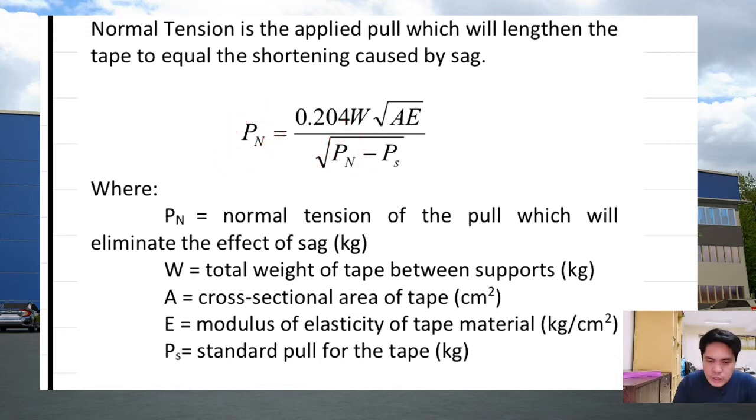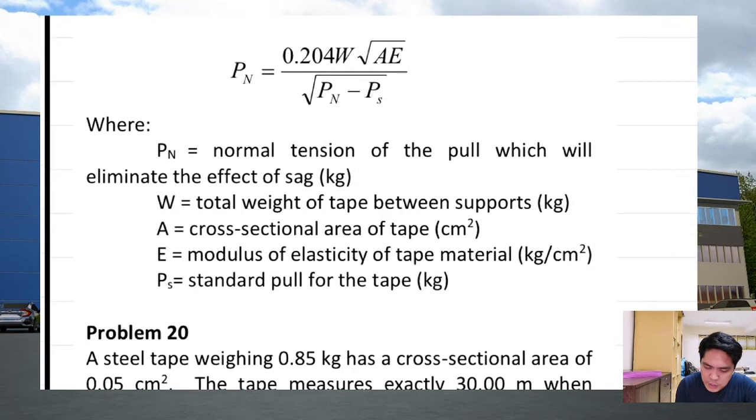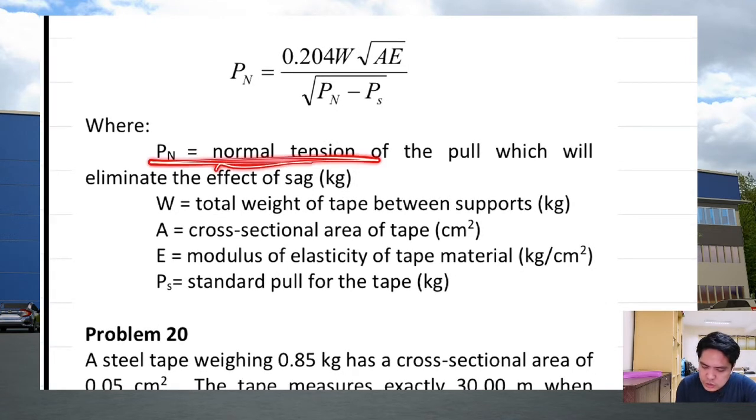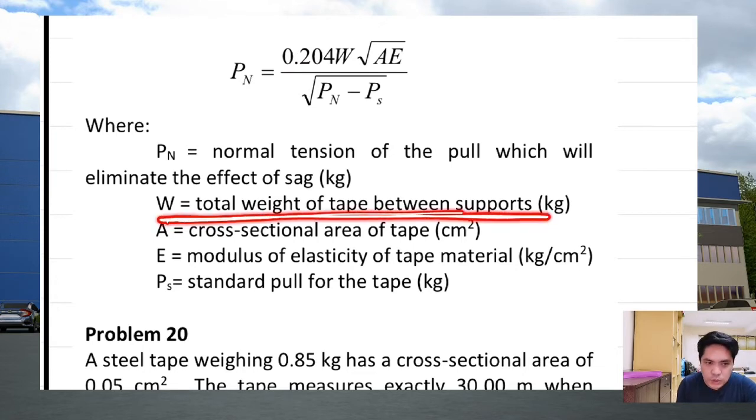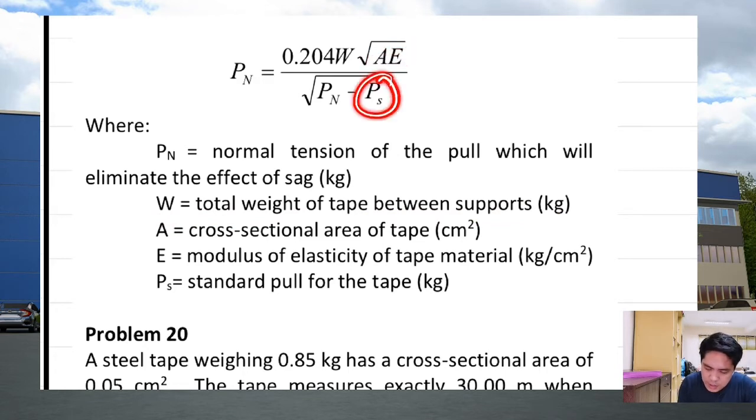Okay? So we have this formula, P sub n, which is the normal tension, that is equal to this factor 0.204, times the total weight of the tape between supports in kilograms. Then, of course, we know that this is the cross-sectional area times the modulus of elasticity. And P sub S is the standard pull for the tape in kilograms.